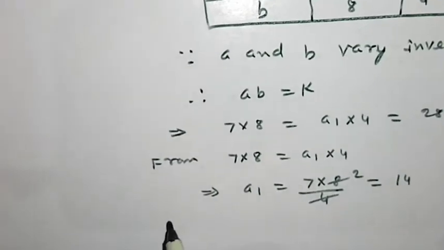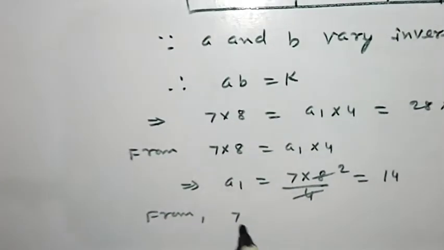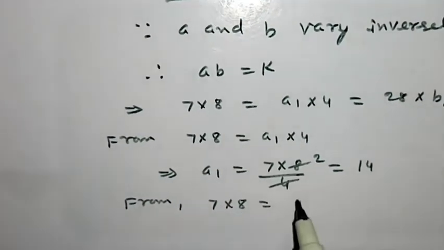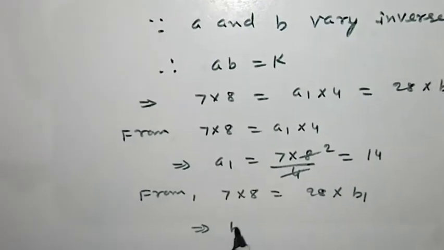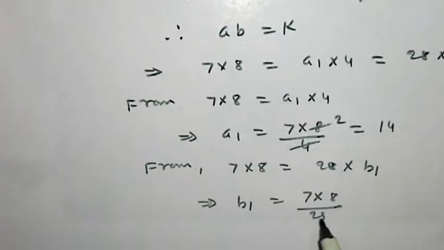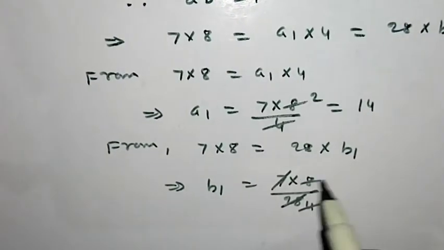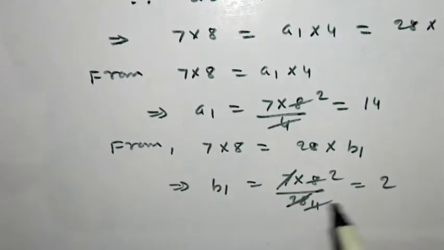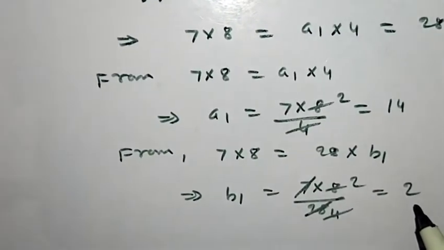Now from 7 into 8 equals 28 into B1, implies B1 equals 7 into 8 divided by 28. 7 fours are 28, 4 twos are 8. So B1 is equal to 2. This is the second answer.